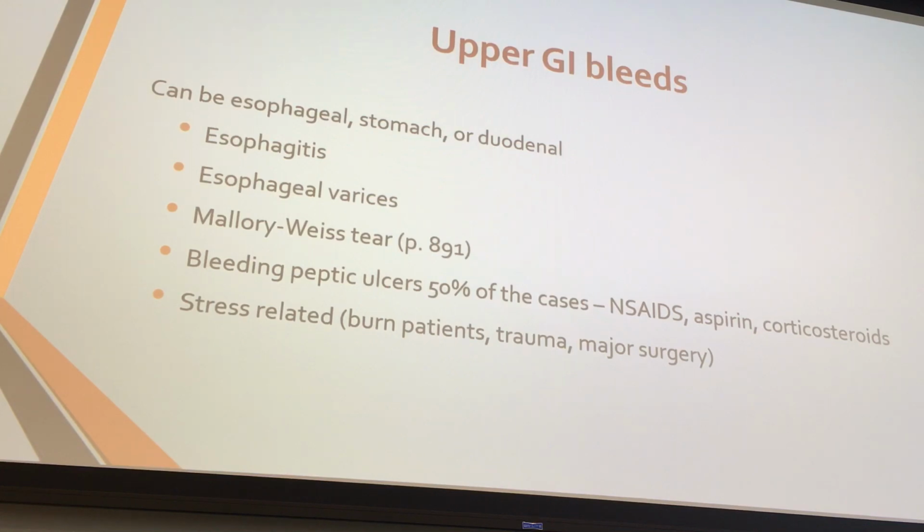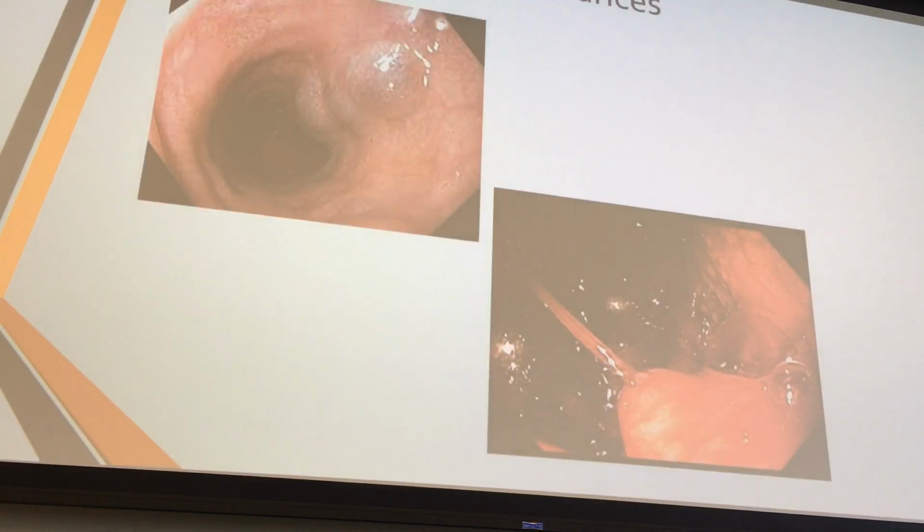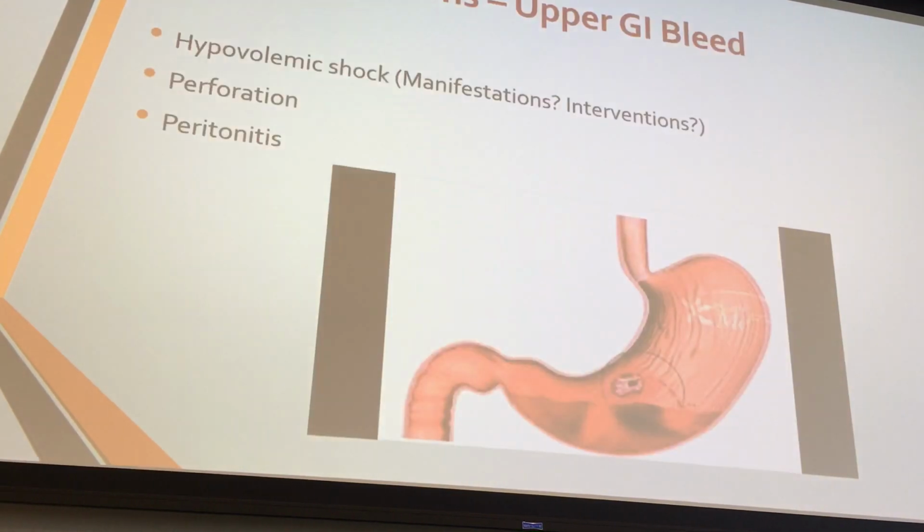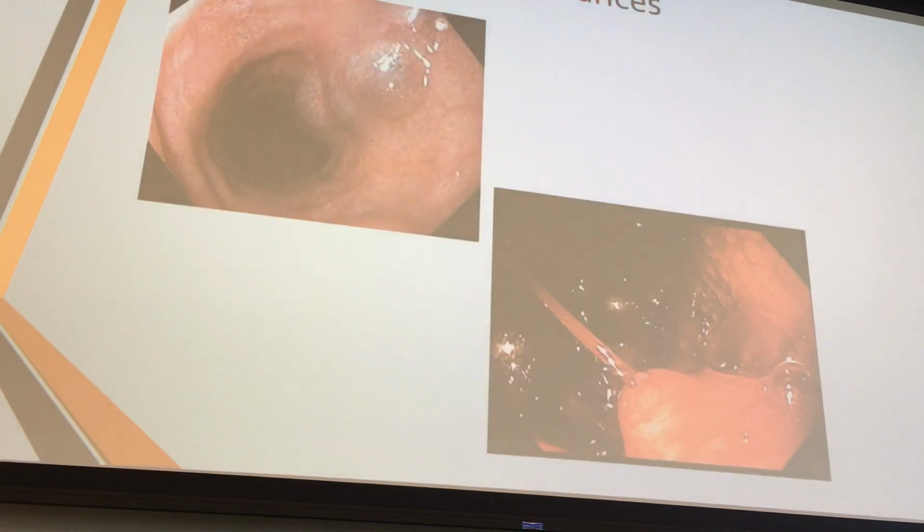It's basically a tear when they cough. They cough so hard that they have a tear in that region. Usually it's in the esophagus. And these are some varices that you could get. I don't want you to focus in on that. Let's take a break, okay?